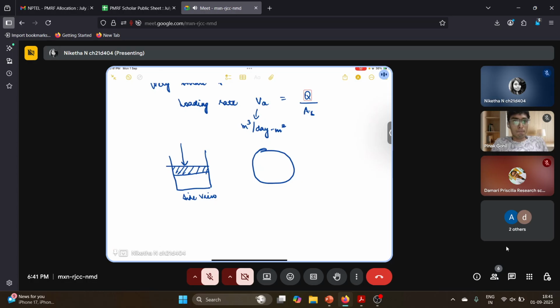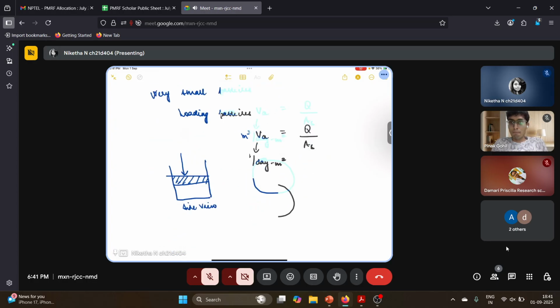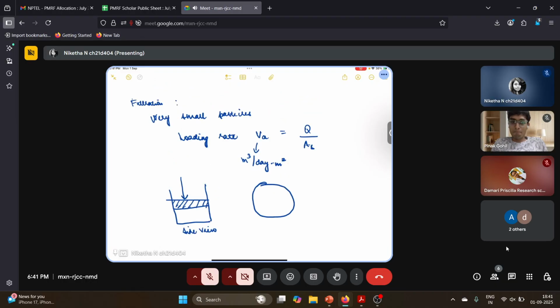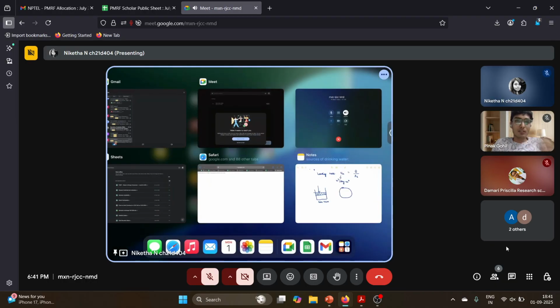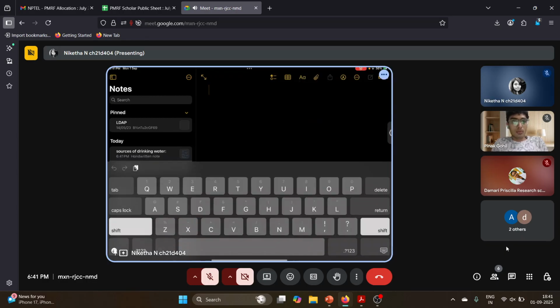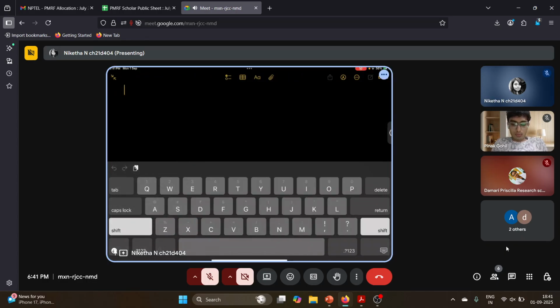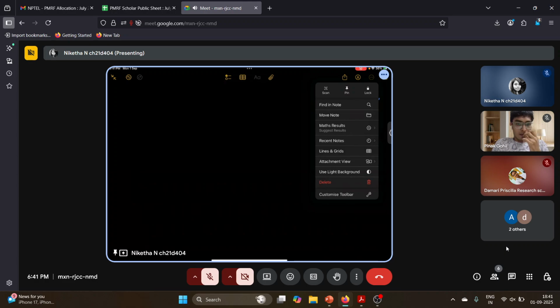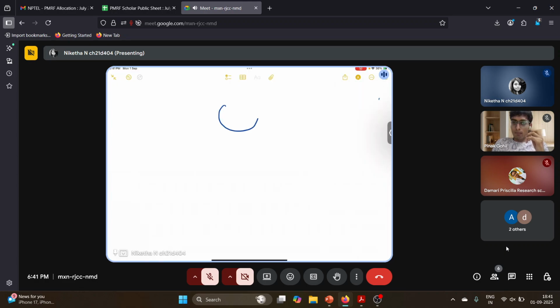So the area is pi d square by 4. So the area of the filter, diameter is D, so area is pi d square by 4.